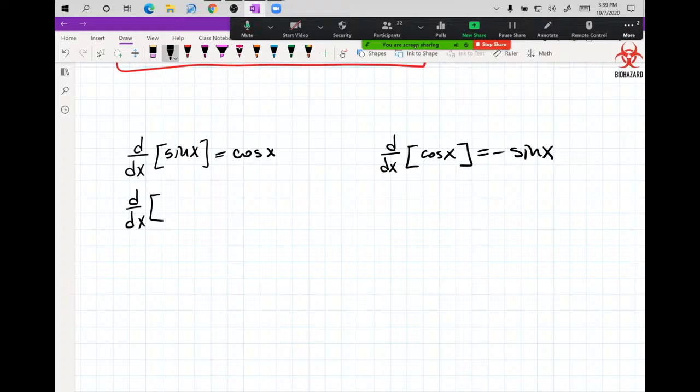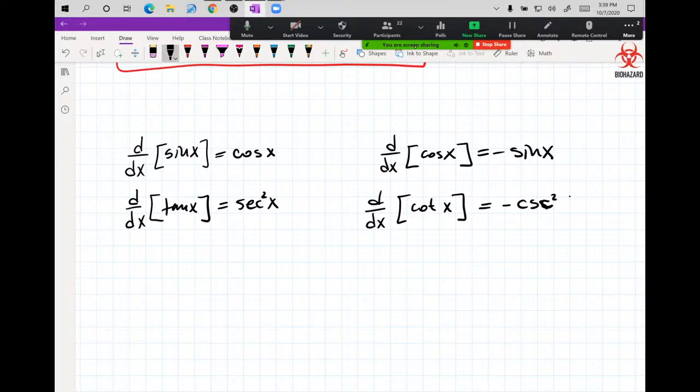The derivative of tangent is secant squared x, and the derivative of cotangent x is negative cosecant squared x.